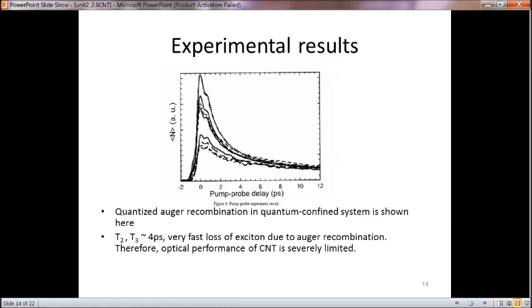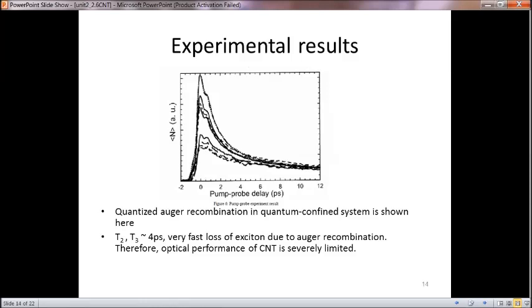Therefore the optical performance of CNT is severely limited. So up to 2 picoseconds only is there a peak number of elements. After that population inversion occurs, and so no excitons will be there. So this is given over here. And the confined exciton effect is also there.